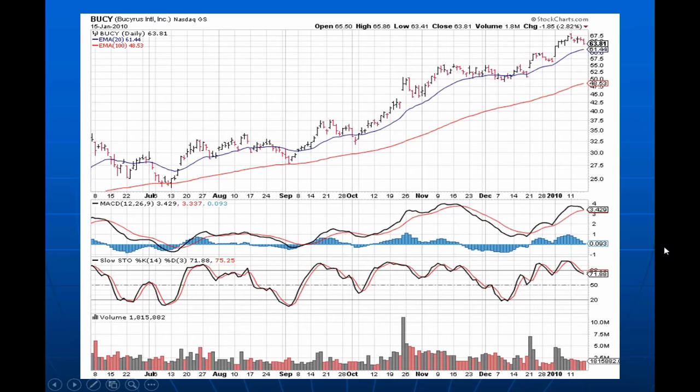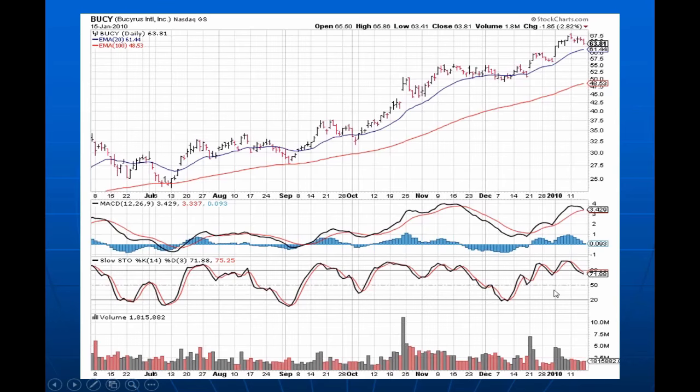And as you'll see, in-the-money strikes give us an insurance policy on the time value profit of our option sale. So all this kind of works together. So again, when you're reading a technical chart, it could be all bullish, it could be all bearish, in which case we wouldn't even consider it, or it could be mixed, as you see here, in which case that might dictate the type of strike price that we select.